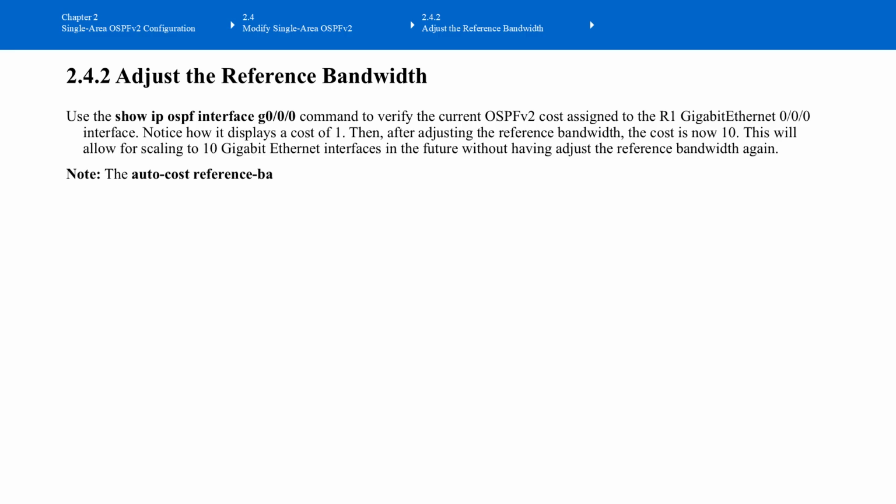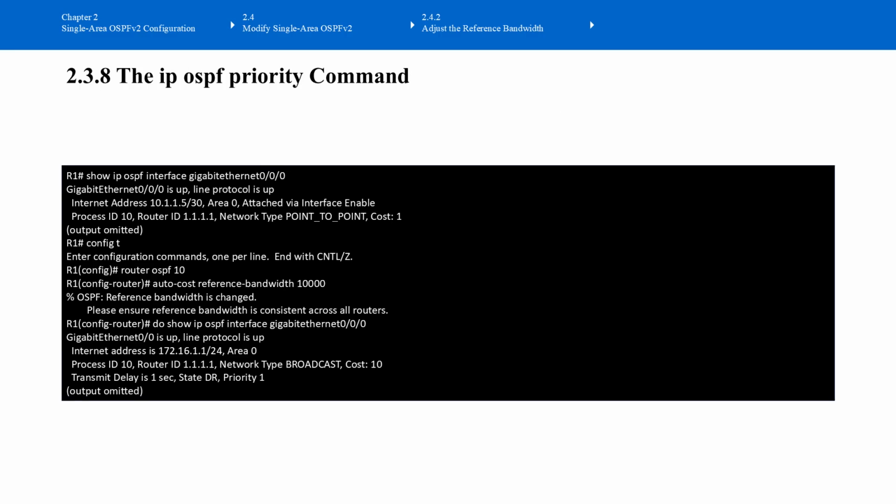Then after adjusting the reference bandwidth, the cost is now 10. This will allow for scaling to 10 Gigabit Ethernet interfaces in the future without having to adjust the reference bandwidth again.